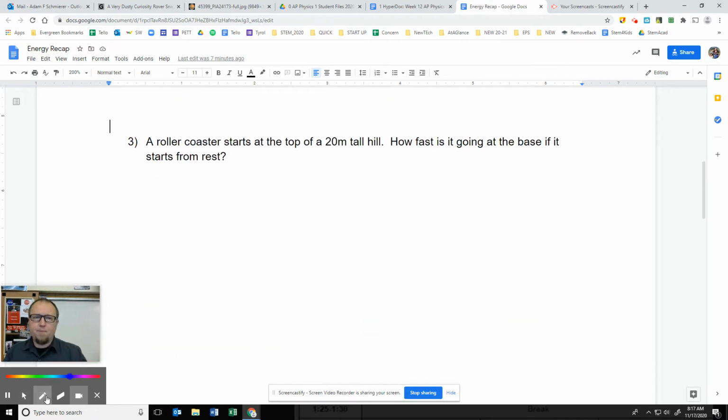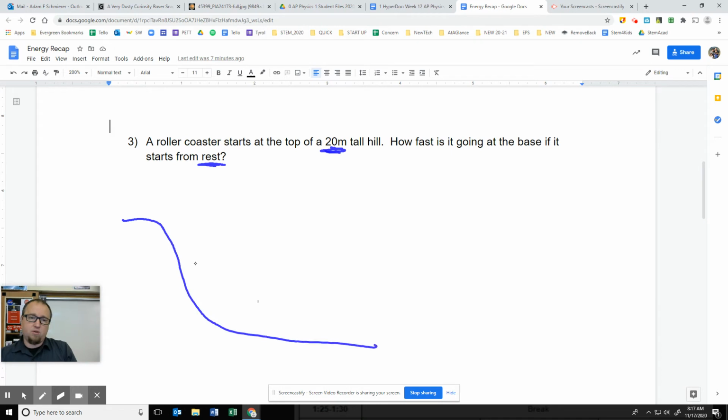Just let me know. So now we're going to do 2 roller coaster problems. The first one is a roller coaster that starts at the top of a 20-meter tall hill, and it starts from rest. So this is like our pivots. That roller coaster is going really slow at the top, and at the bottom it's going really fast. So we got a roller coaster, 20 meters tall, and it starts at rest.